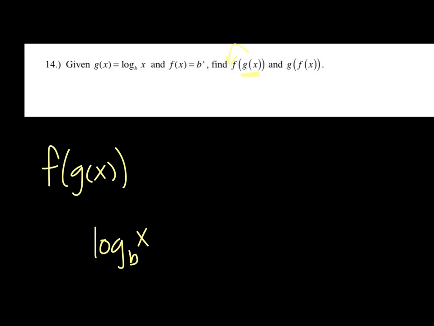where our x is. So that actually becomes the exponent for b. So because the base of this whole exponent, log base b of x, is b, and the little base of our log is b, they're going to cancel, and this is going to equal x.